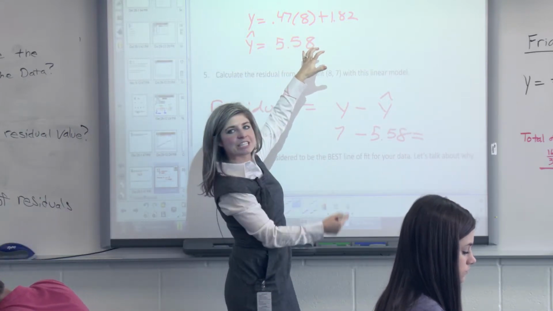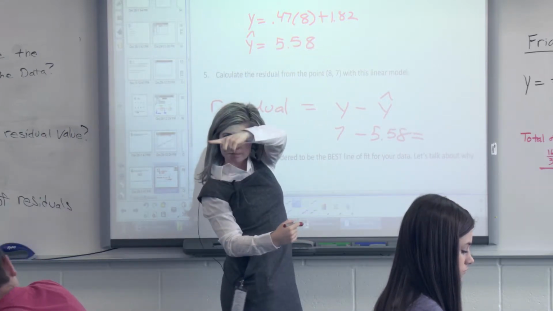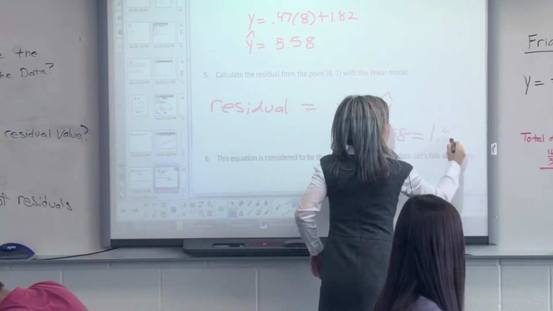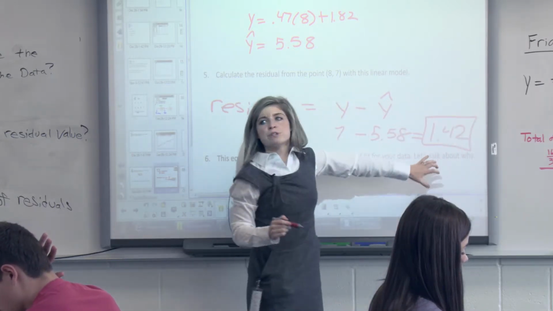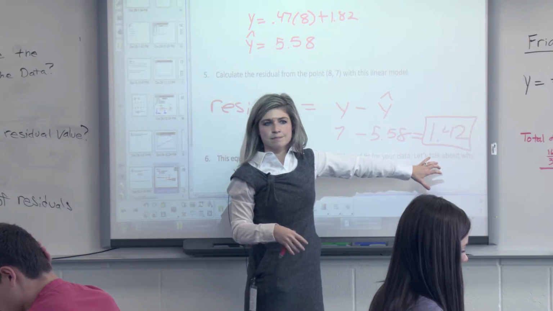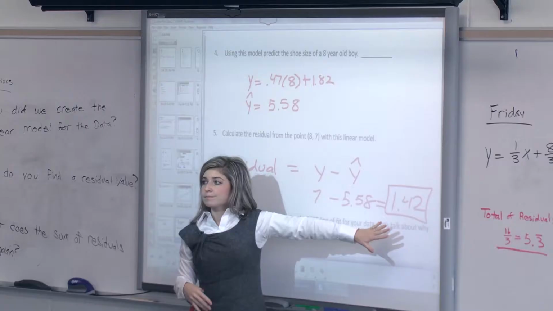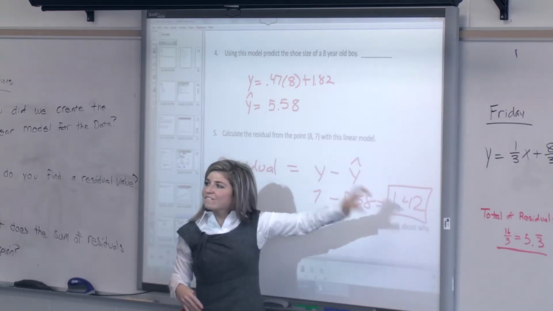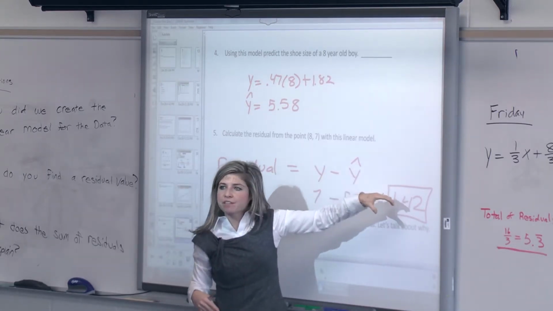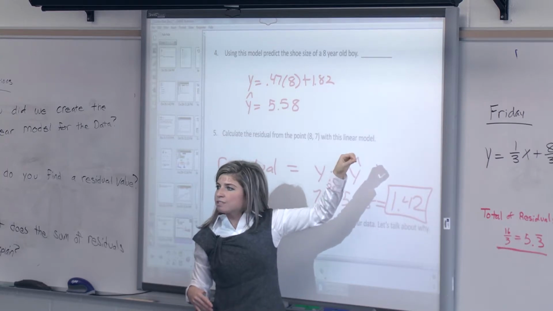So what is the residual value? 1.42. And what does this represent? What does this tell us? Oh, how far away it is from the line. That's the error. Very good. This is the error from the line to that actual data point.